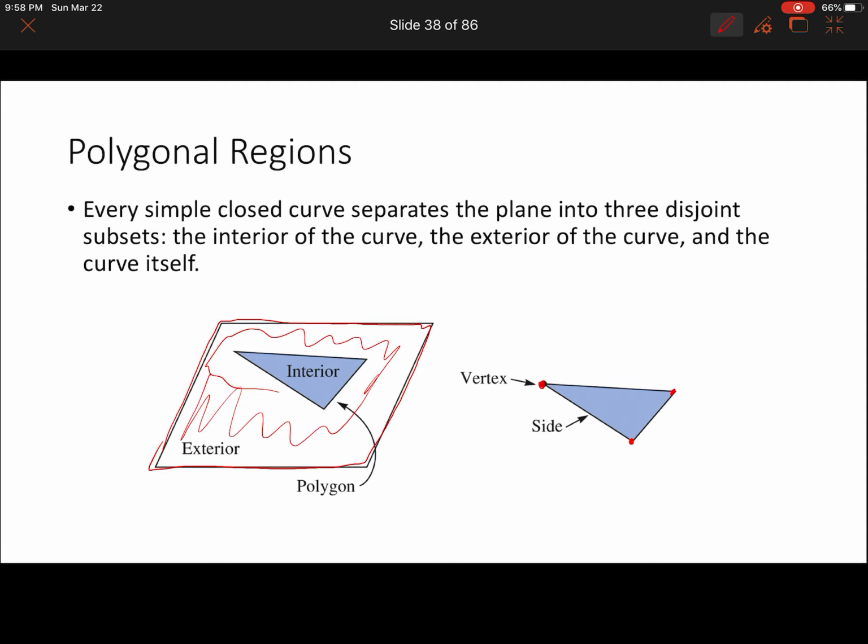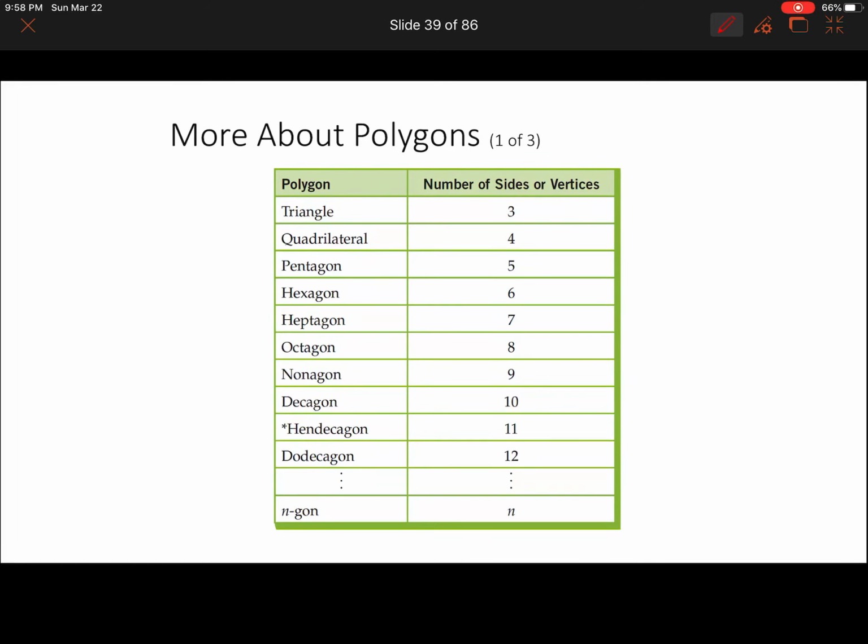So a triangle, for example, has three vertices with three sides. We're going to talk about some others here in the next slide. So we identify polygons based on the number of vertices or number of sides they have. The number of vertices and the number of sides is always going to be the same.